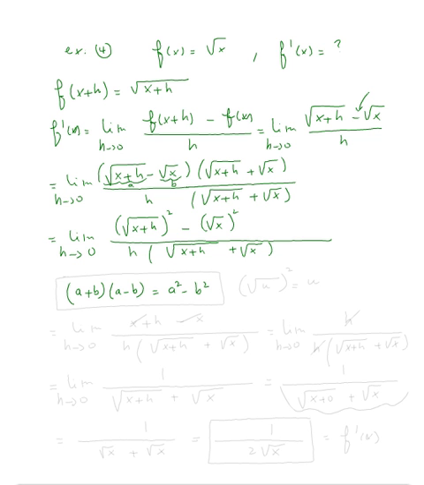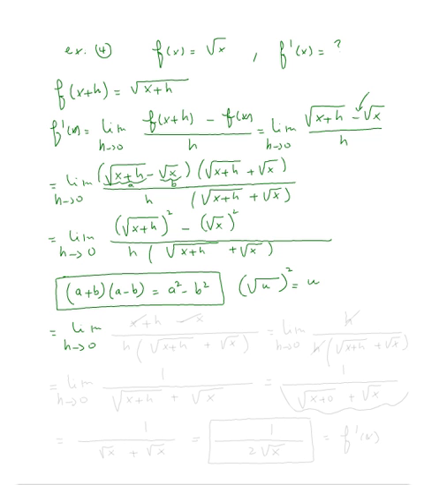Now this is equal to the limit as h approaches 0. Again, I'm going to use the fact that the square root of a u squared is always going to be the inside, which is u.